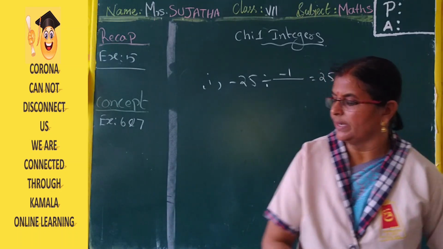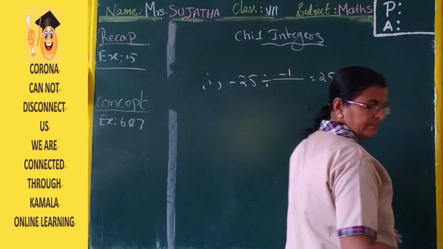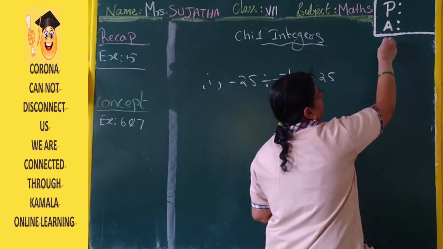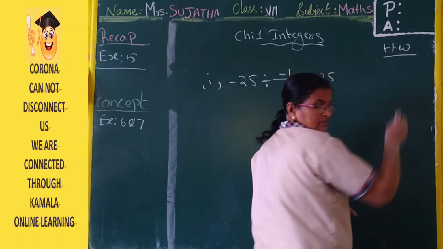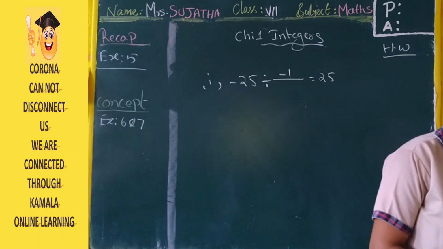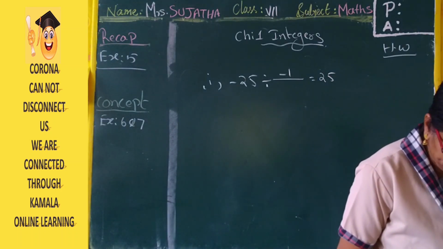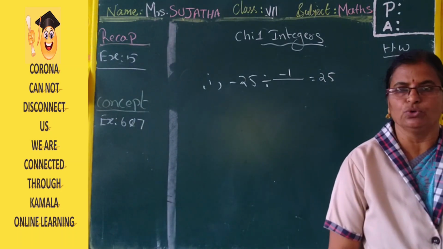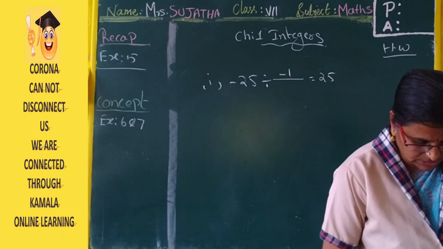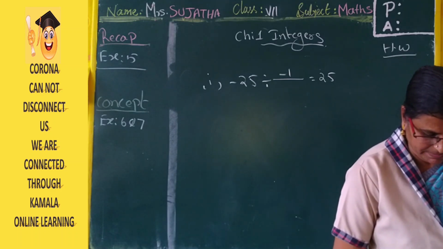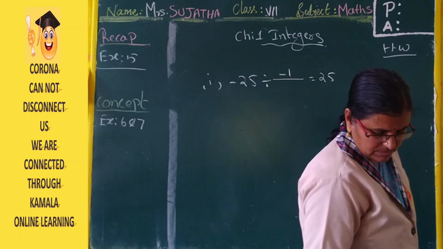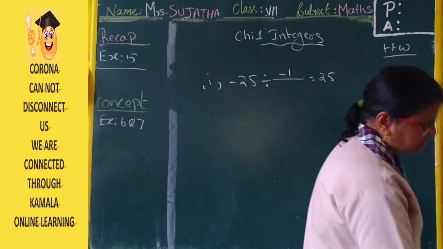So what homework did I give? I will write it here. First, exercise 5. The second sum, 2 bits I explained. Now the third sum, first bit I explained. The remaining 7 bits are homework.